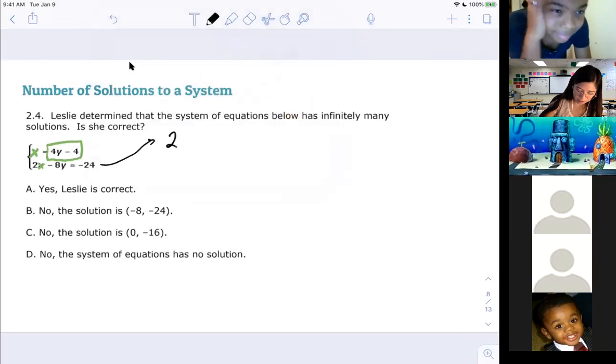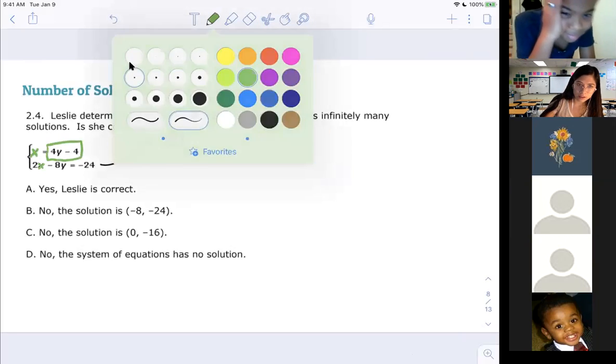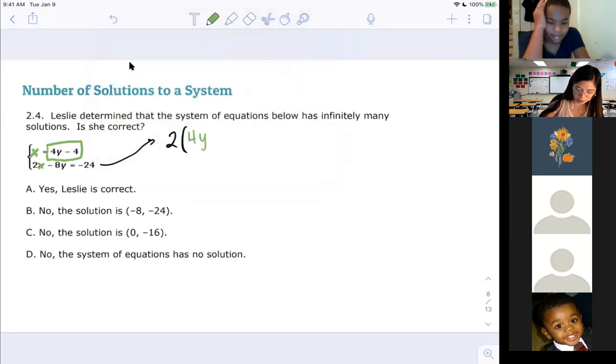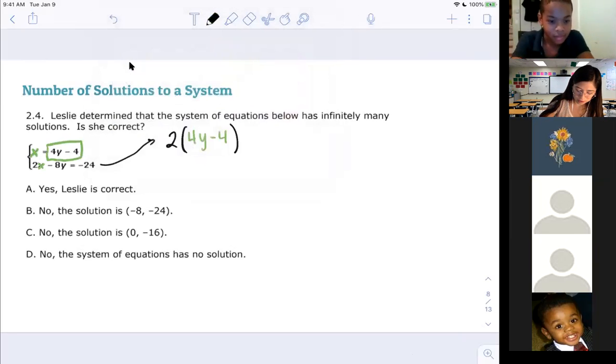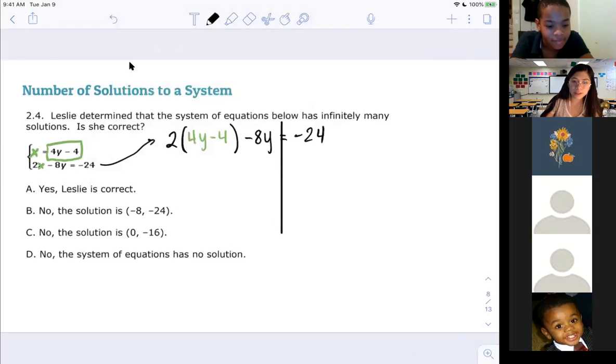So I'm plugging it in. I have 4y minus 4 minus 8y equals negative 24. We're solving for y. So I want everyone to take, I know you guys are moving classrooms, so I'm giving you guys a minute. So I'm going to wait for them to settle into their new place, and everybody else go ahead and solve this equation for y.